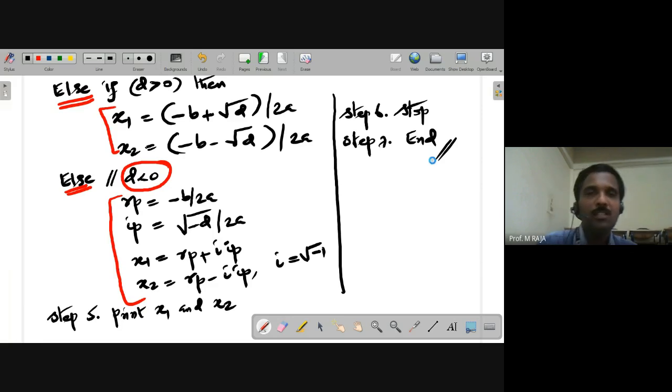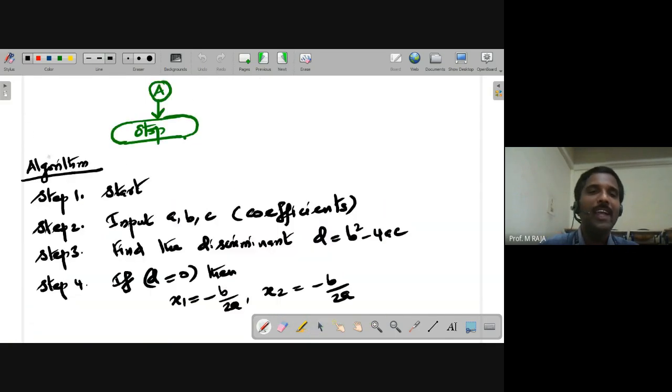This is the simplest level of writing an algorithm to solve the problem, the quadratic equation ax square plus bx plus c is equal to 0.